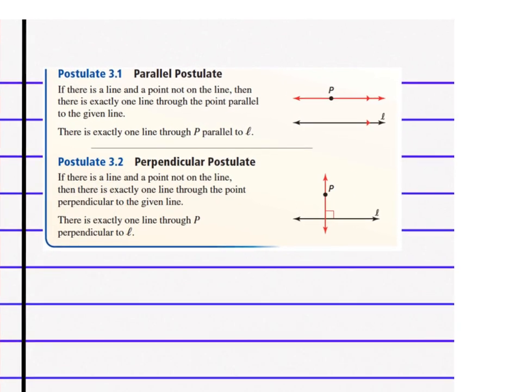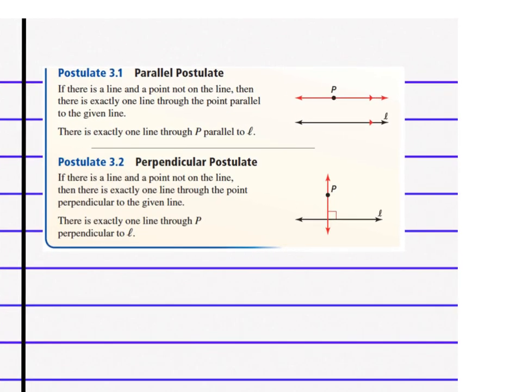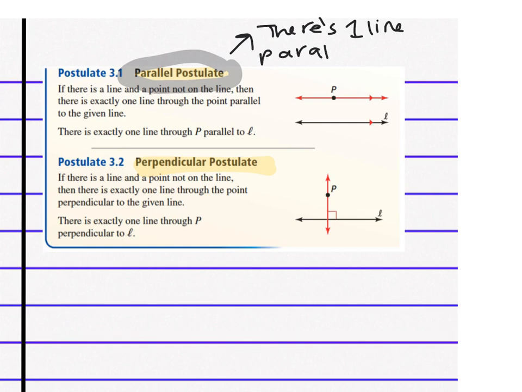All right, then we have a couple of postulates: the parallel postulate and the perpendicular postulate. I'm going to summarize these postulates for you. You should have something written down for the parallel postulate. You don't necessarily need to copy this word for word, but basically this is saying there's one line parallel to a given line through a point.